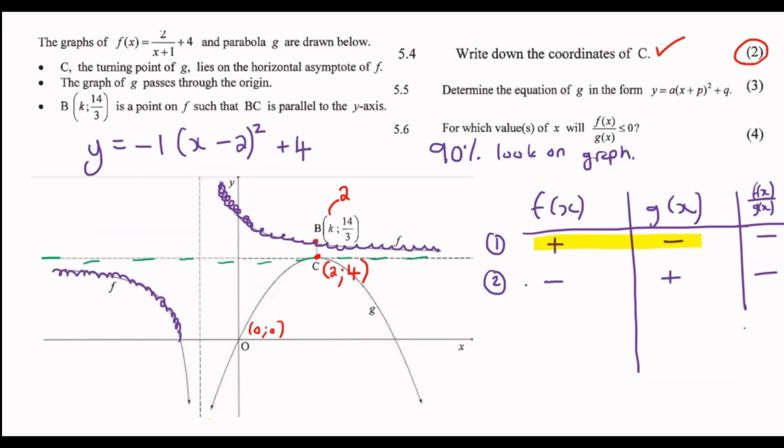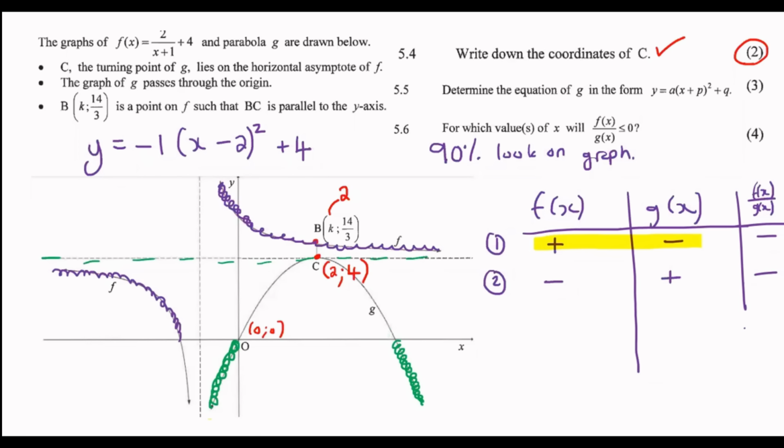Now, in the same place, where is g of x negative? That would be over here. Let me use a different color. G of x is negative there, and it's negative over there. Okay, so we're looking for places where it overlaps.